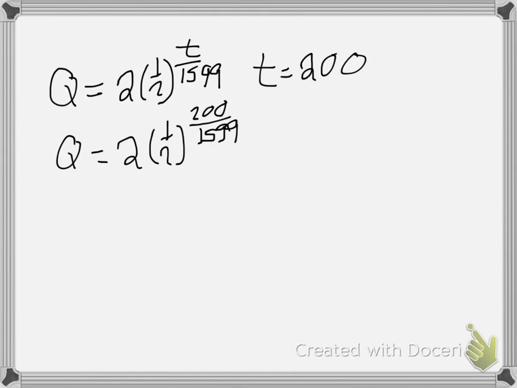And order of operations says I have to take 1/2 to the 200 over 1599. I cannot do 2 times 1/2 and get 1. There were so many of you that did that. I was just like, what in the world are you thinking? You can't multiply before you do an exponent. You know better. Please take your time. You had plenty of time to do this stuff.